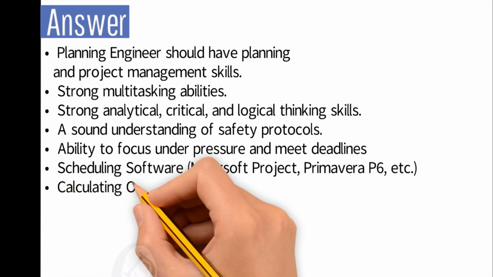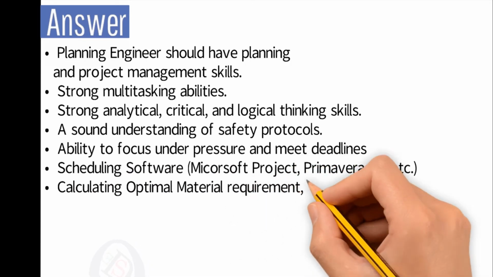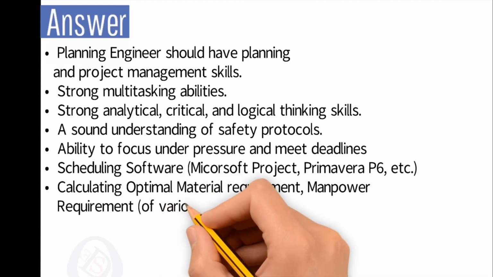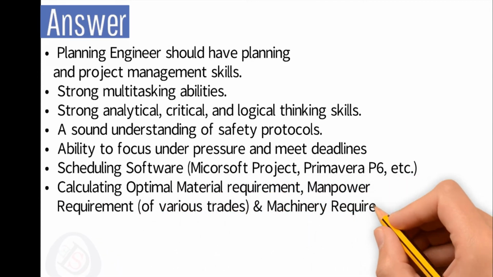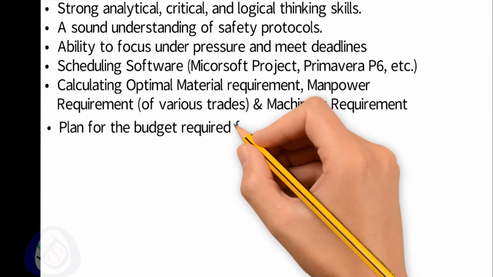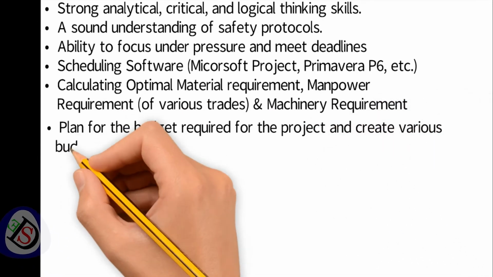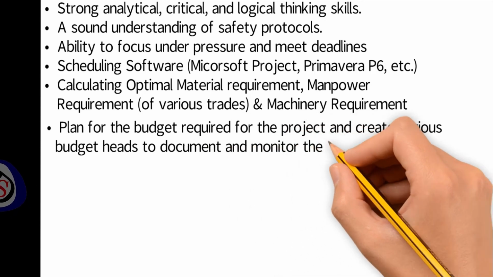Number 7, calculating optimal material requirements, manpower requirements of various trades, and machinery requirements. Number 8, plan the budget required for the project and create various project heads to document and monitor the expenses.